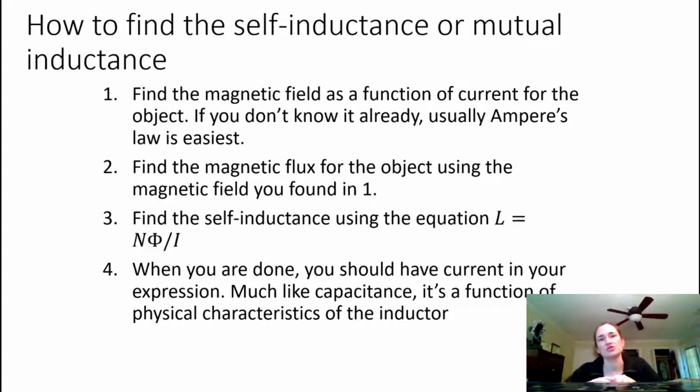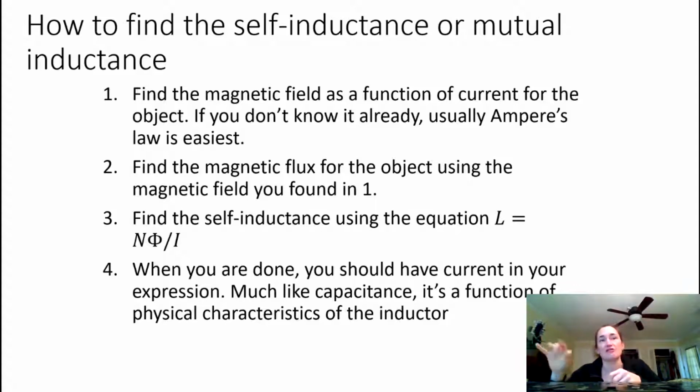If you don't know it, you can usually use Ampere's law to solve for it. Then you can find the magnetic flux using the magnetic field that you found in part 1. The magnetic flux would be the integral of B dot dA over the area of your object.